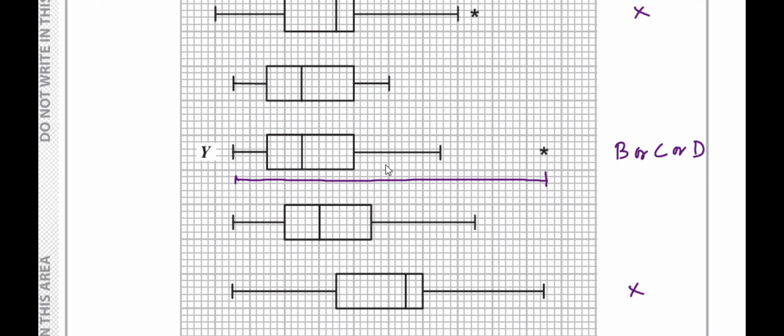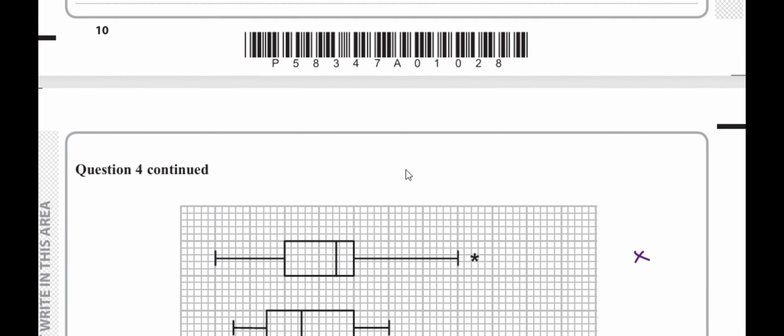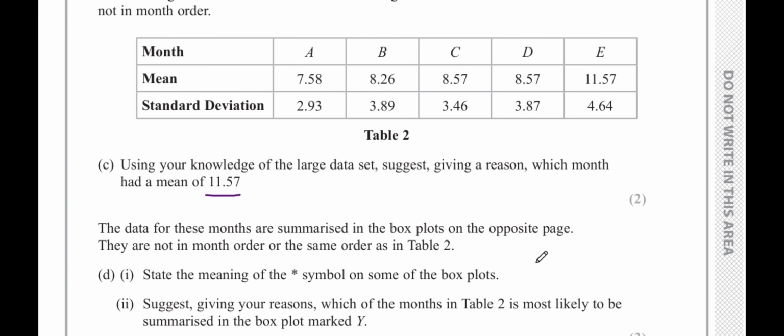Therefore, this has got a bigger standard deviation also, because the range and standard deviation are related to each other. So let's look at B, C or D. Which one has got the standard deviation on the higher side? So B, C, D, similar means, and they have 3.89, 3.46 and 3.87. So B has got the largest standard deviation here.